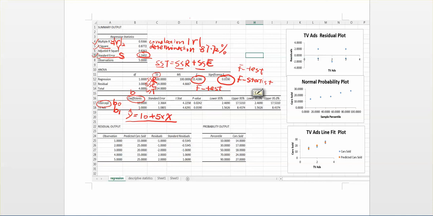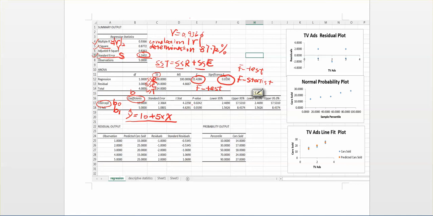Now you know the 5 here, the coefficient for TVs, is our slope. Since the slope is positive, if you go back to multiple R, whose absolute value is 0.9366, then R equals 0.9366, because the sign of our slope is positive, so you don't need to change it.